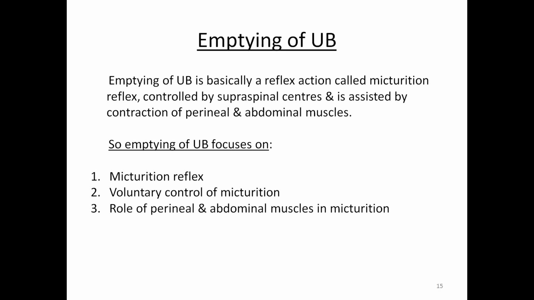Emptying of the bladder is basically a reflex action, controlled by the supraspinal centers and assisted by contraction of perineal and abdominal muscles. So what does the emptying of the bladder consist of? The micturition reflex, the voluntary control of micturition, and the role of perineal and abdominal muscles in micturition.